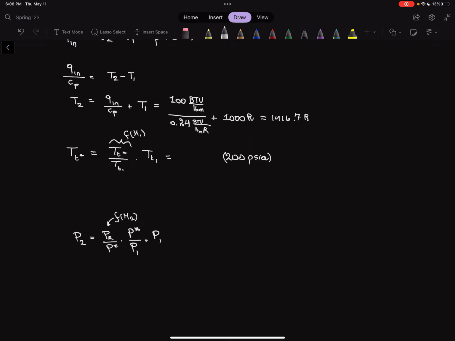I don't know why I did pressure, 0.6914. We need to flip it. This should be temperature. The initial temperature was 1,000 degrees Rankine. So we find the total temperature for the flow choked, 0.6914 to the negative 1 multiplied by 1,000.